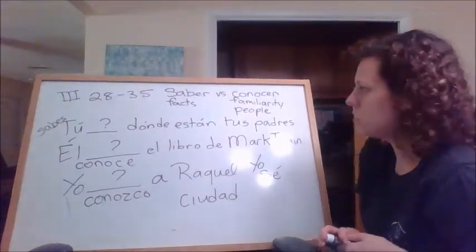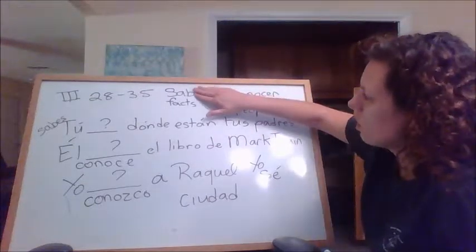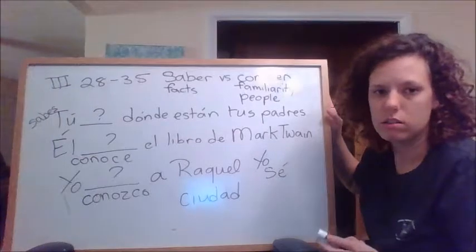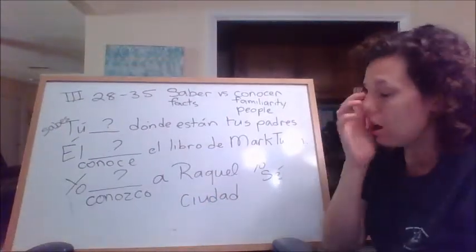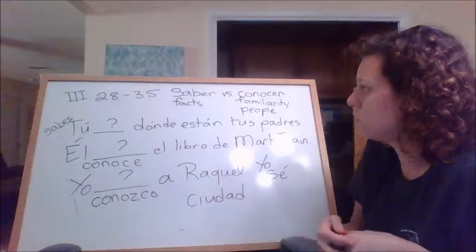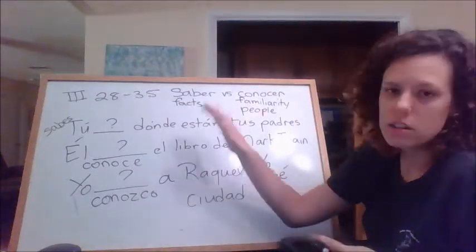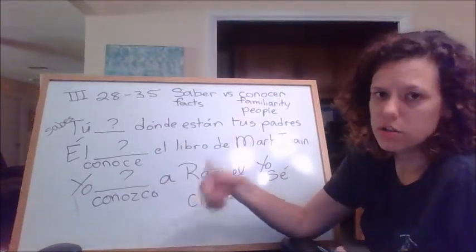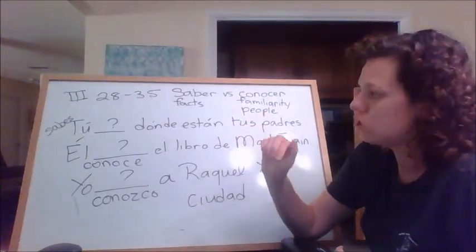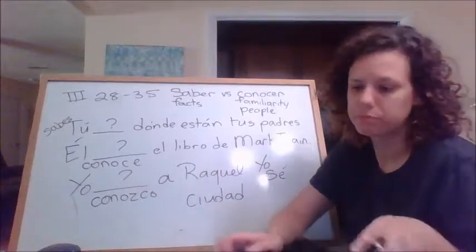A lot of students try to say yo sabo, they just take the ER off and add an O, but it is irregular, so it's yo sé. All right, so go back and remind yourself how to conjugate both of those. So you have to know how to differentiate in the sentence what it's asking for. Is it familiarity, people, or facts? And then you have to know how to conjugate it to fit into the sentence.